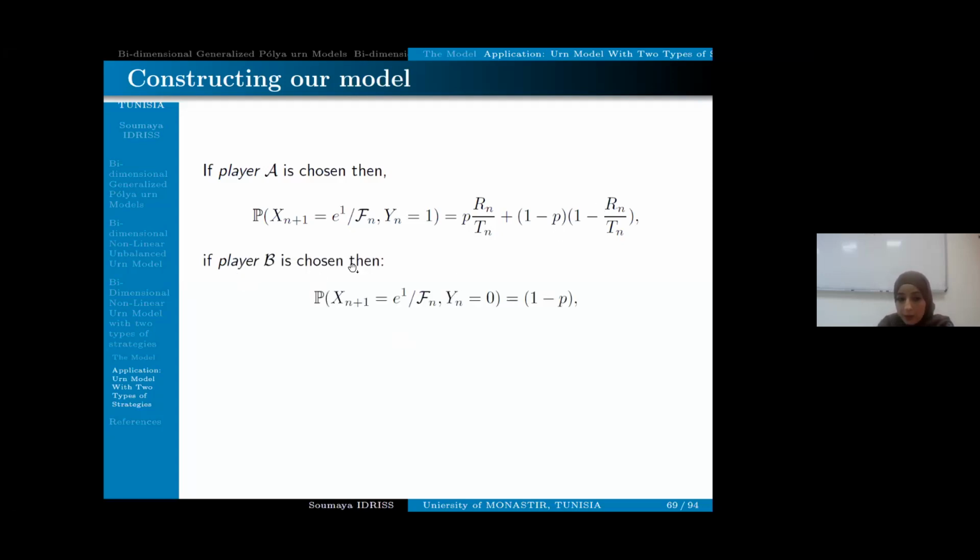But if player B is chosen, then the probability of choosing a ball of type 1 is given by 1 minus P.